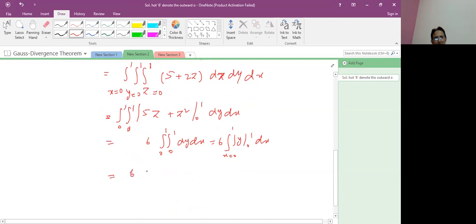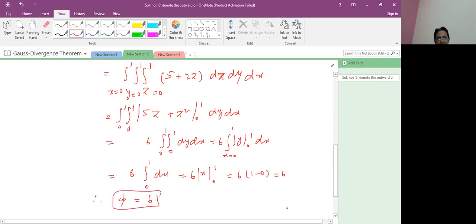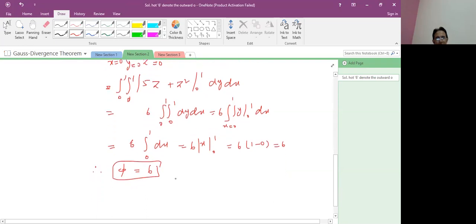So 6 stays as it is, and the integral is 0 to 1 into dx. In the next step, we integrate x. It means 6 into 1 minus 0, it is 6. So therefore, student, phi is equal to 6. We have determined this. This is called the outward flux of a cube.